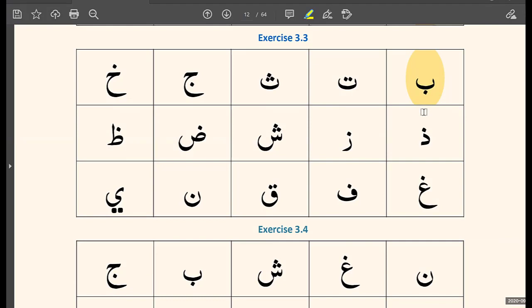Audhu billahi minash shaitanir rajim. Bismillahir rahmanir rahim. Ba. No, not ba. Ba is soft and long. Make it long, and as you know, the voice should exit. Ba. No. Ba. I'm listening. Ba. That's good. Ta. Ta. Ta.